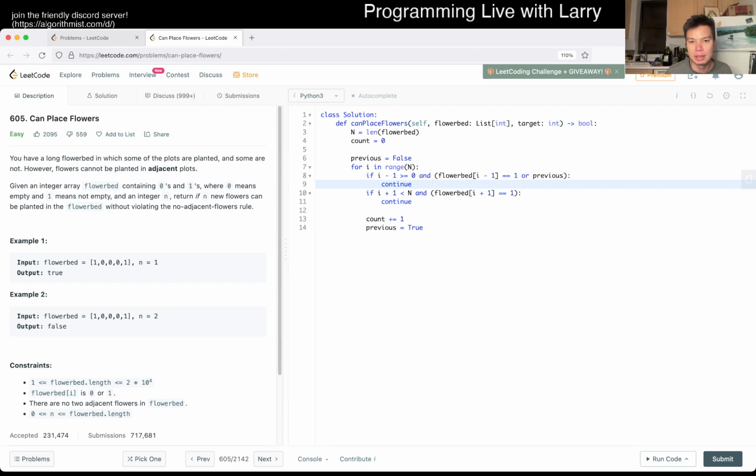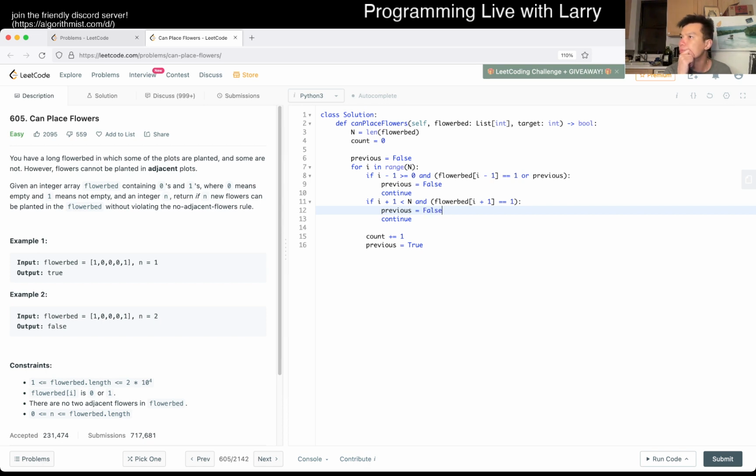Where would I like to do it? I guess if we don't plant a flower, then it's going to be equal to false. Well, in this case it doesn't matter, because in the next spot we're not going to place it anyway.